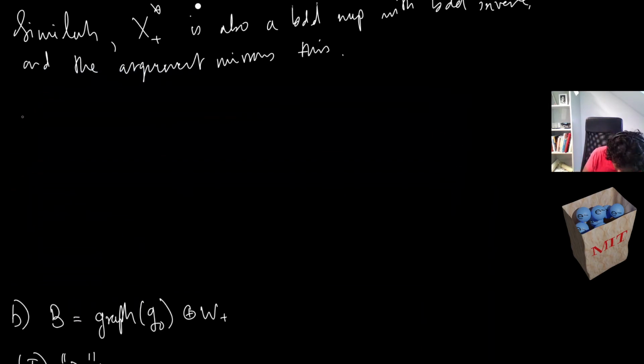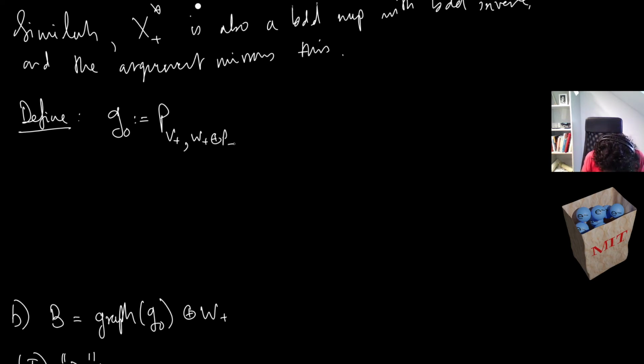So define the map G0 to be equal to PV plus W plus P minus L2. Okay, so we already have a decomposition, so I'm just going to now look at the projector that projects to the V plus space, composed with X minus inverse.